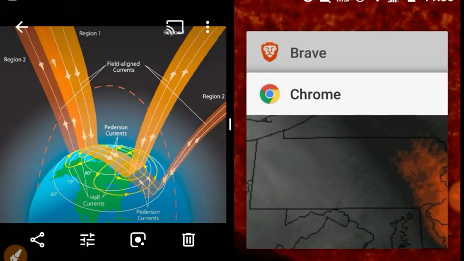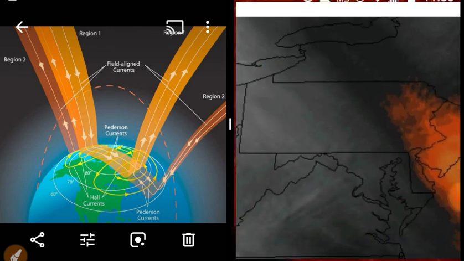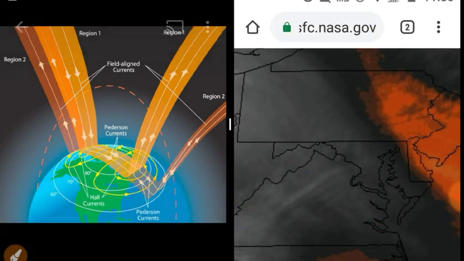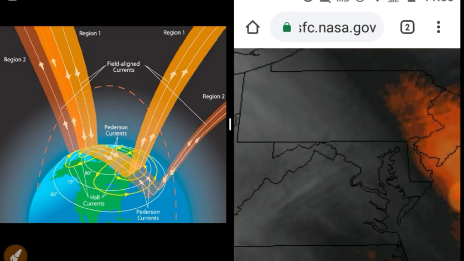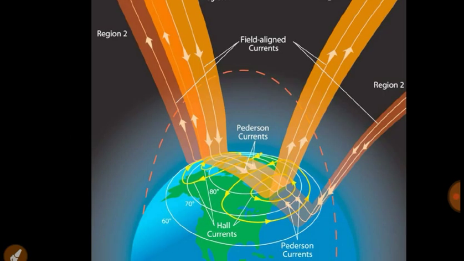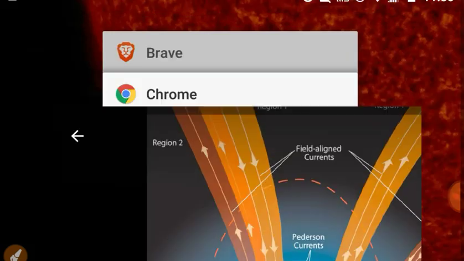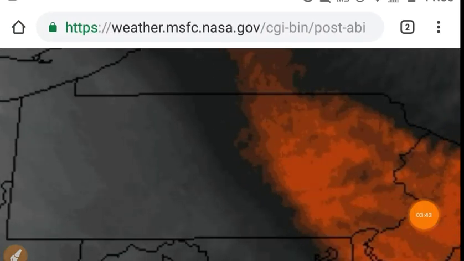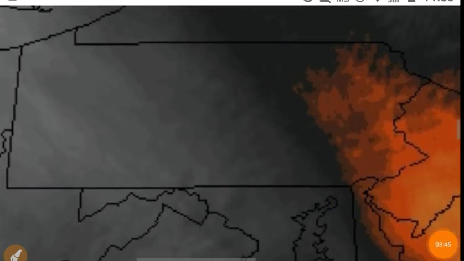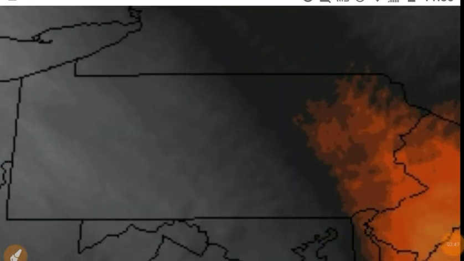Let's go back to that again. If we can get the panes to work correctly, that would be perfect. So again, there you can see the water vapor map, which is really showing you things you can't see, obviously.